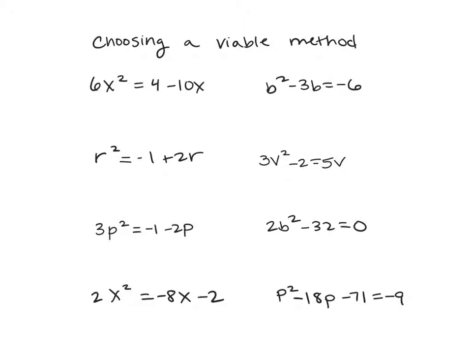the equations by moving everything over to one side. And that's just going to make it a little easier to identify a method. So I'm going to have, and I believe that that's b squared minus 36, not minus 3b.